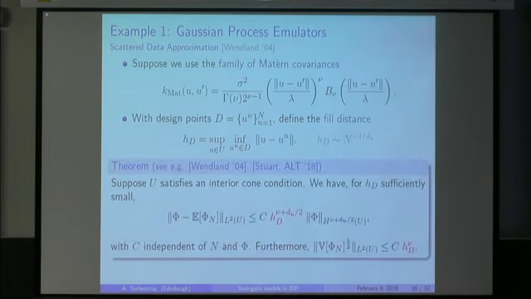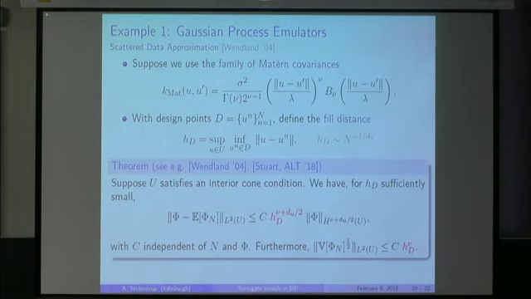So if you have that, you can show the following. Okay, so you have some technical assumptions on U, but then you can show that this error between the function phi and the mean of the Gaussian process emulator goes at this rate here. So you get a rate in terms of the fill distance. You can also get a rate for the standard deviation or the variance of the Gaussian process emulator, again in terms of the fill distance.